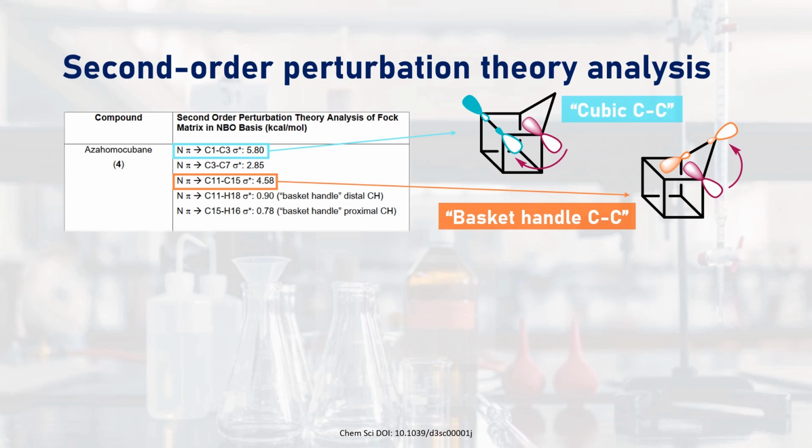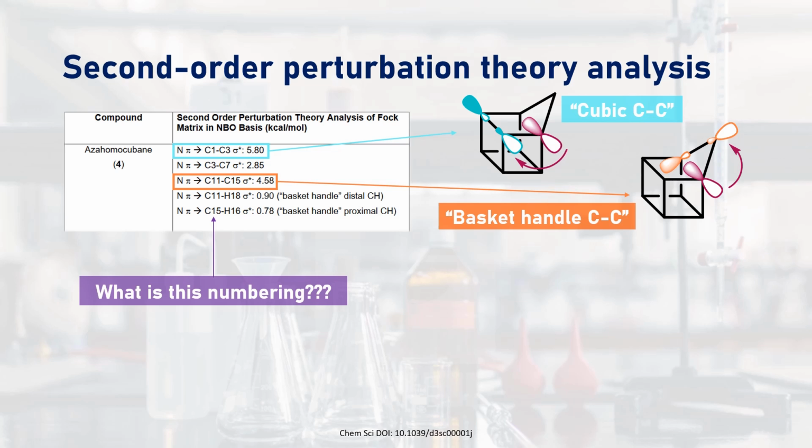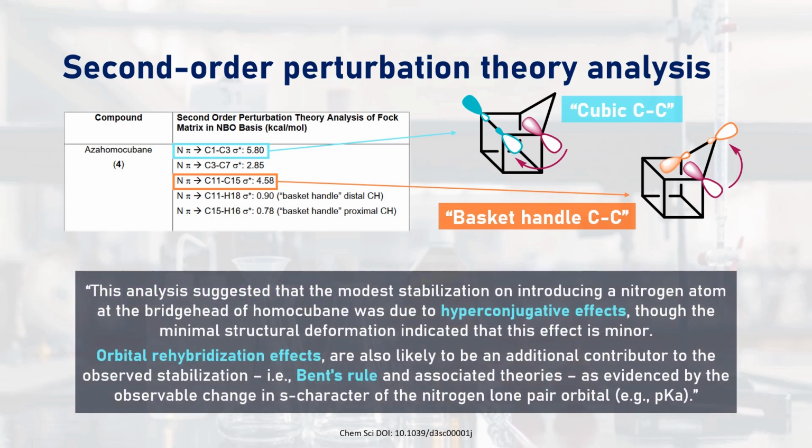This was confusing as heck, by the way, as the table the authors provided was suggesting there was a C11 and C15, which does not make sense. And it's probably just these interactions here. In any case, it is evident that there are both hyperconjugative effects and general orbital reconfiguration at play.